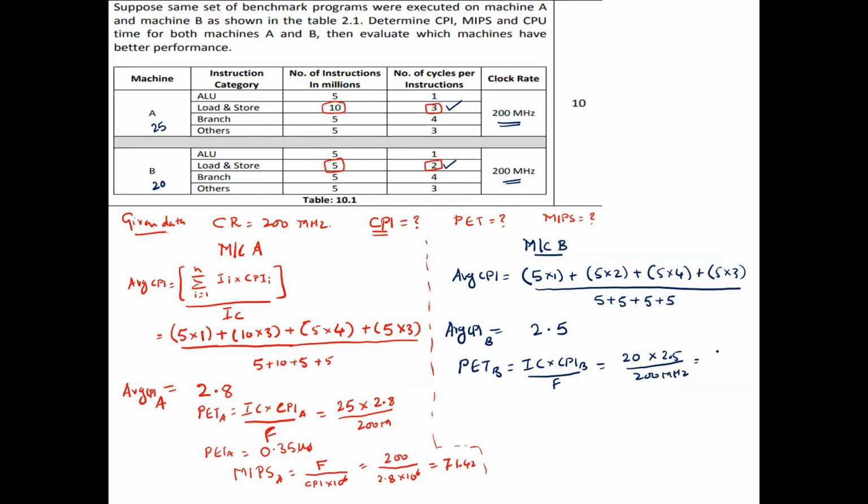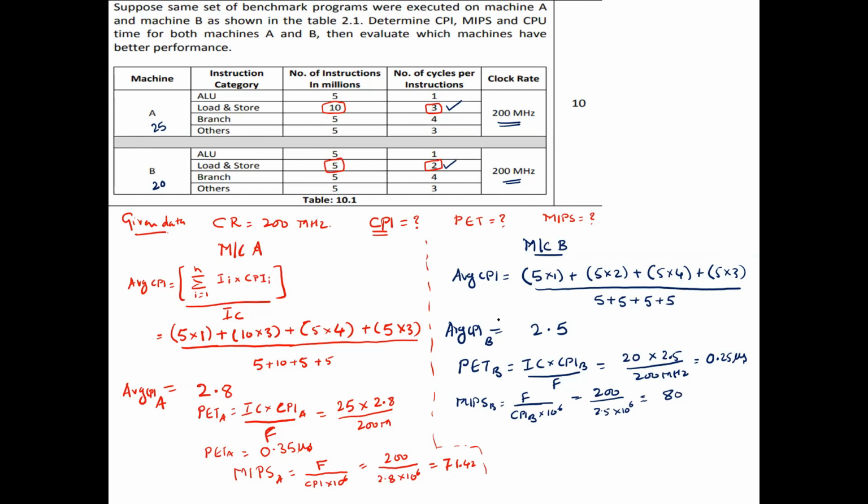PETB? 0.25 microseconds. Okay. And then what is MIPS of B? It is given by F divided by CPI B multiplied by 10 raised to 6. So it is 200 divided by 2.5 multiplied by 10 raised to 6. It turns out to be 80.